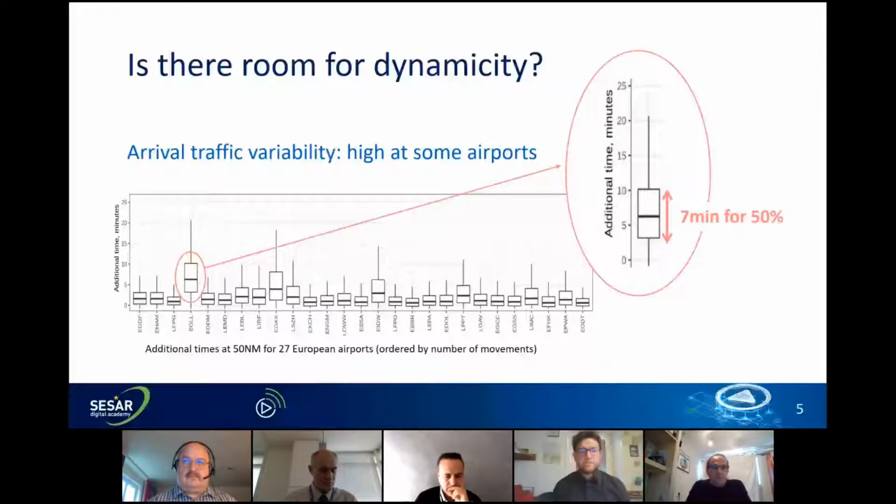If you take the example of London Heathrow, as highlighted here, in 50% of the cases you have a span of 7 minutes for this additional time, and if you take the full range, it's from 0 to 20 minutes. This means that there is indeed variability, and then there is room for this dynamicity. Once we have said that, the next step would be to figure out how we could do something. Next slide, please.